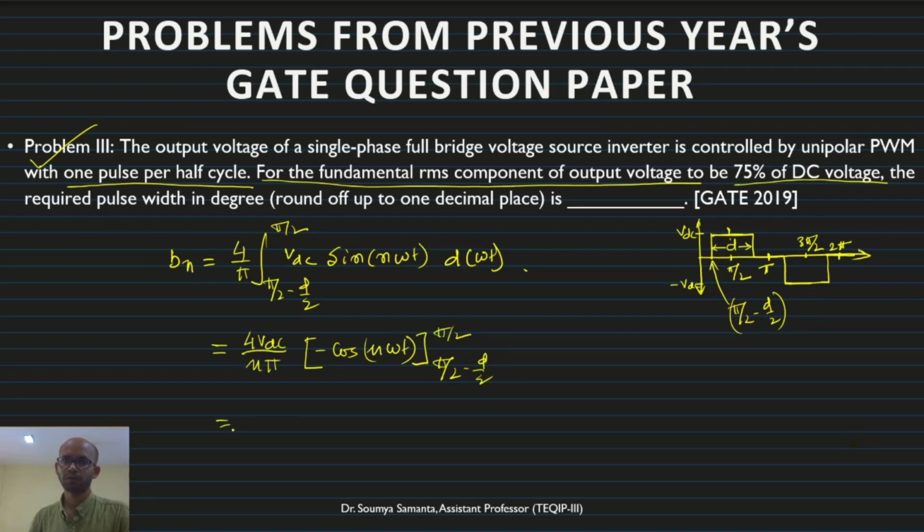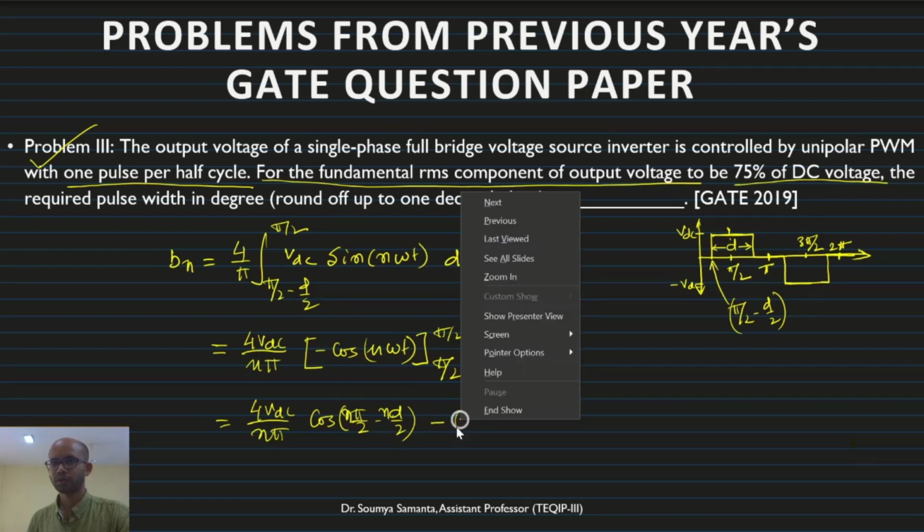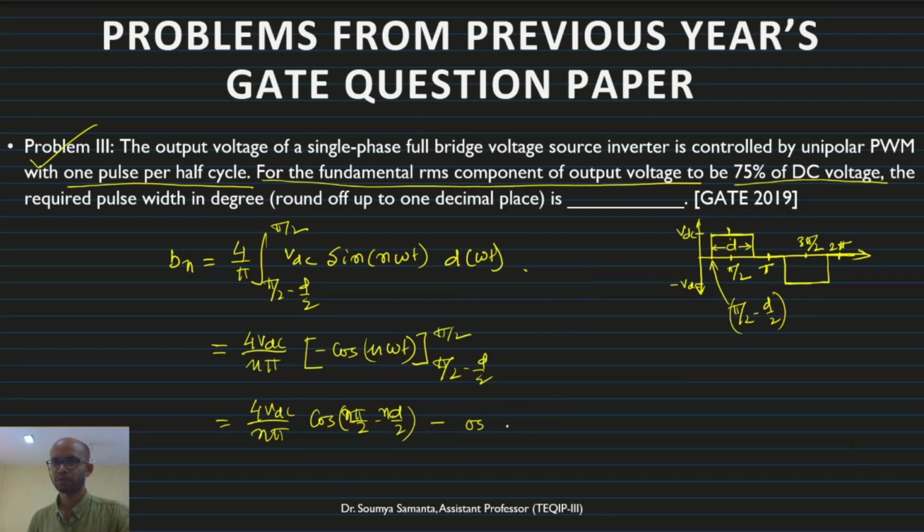So what will be the final expression? 4 VDC by n pi, this will be cosine of n into pi by 2 minus D by 2, minus cosine of n pi by 2.